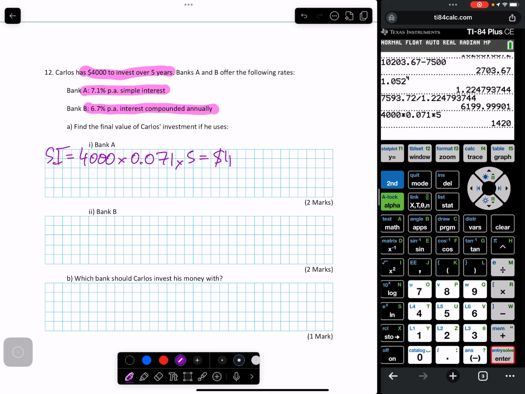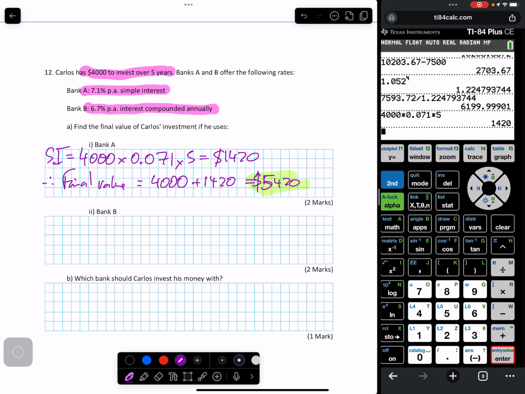He makes 1420 in interest. So the final value is going to be $4,000 plus 1420, which equals 5,420 in total.